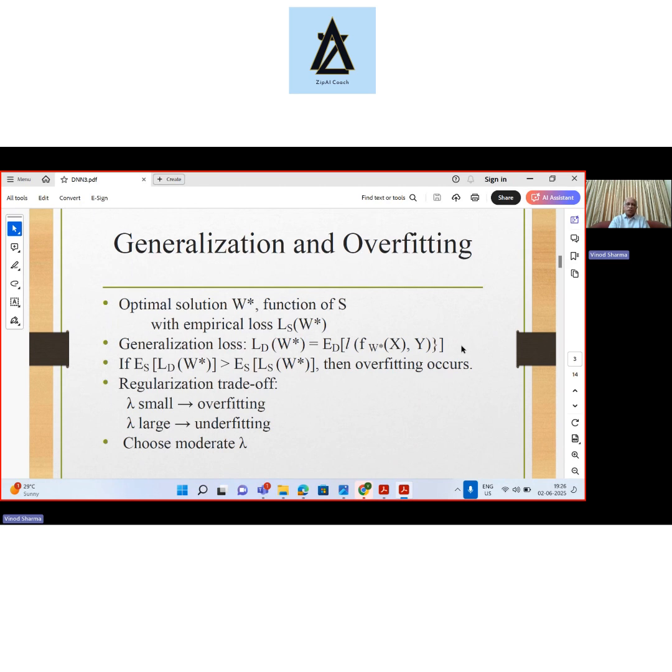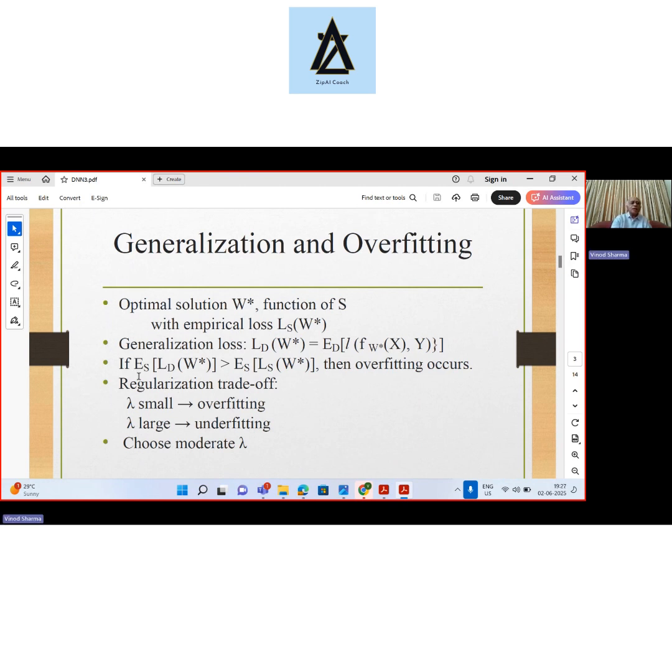This is, as we have discussed earlier, the loss that the neural network after training will experience in the field when it is deployed outside. This we are going to denote as L_D(W*). Remember, L_D(W*) is still a function of S. If we take the expectation over S of L_D(W*), that is the expected value over the sample.